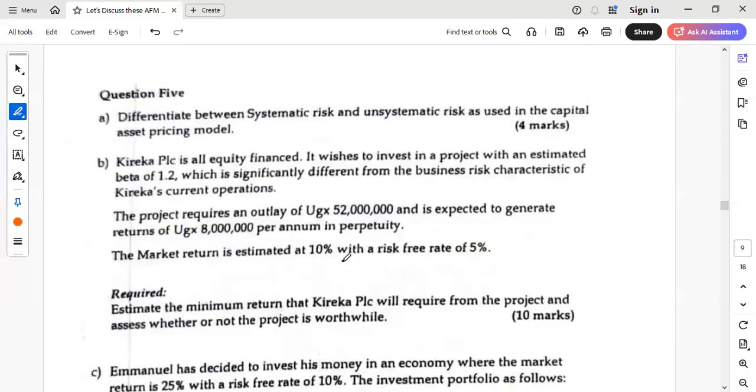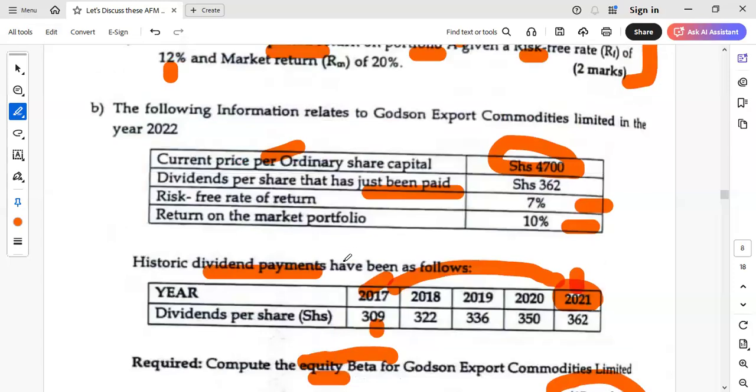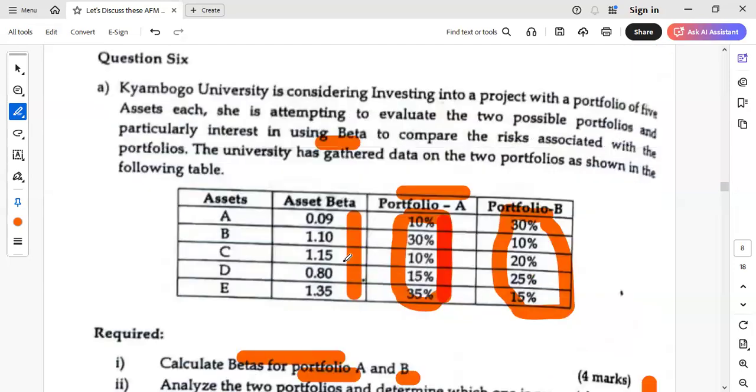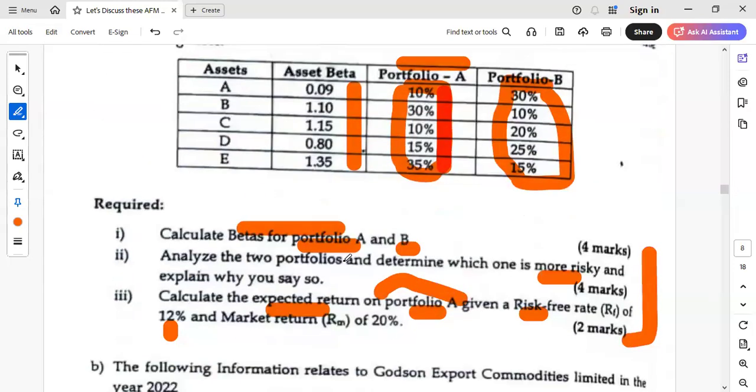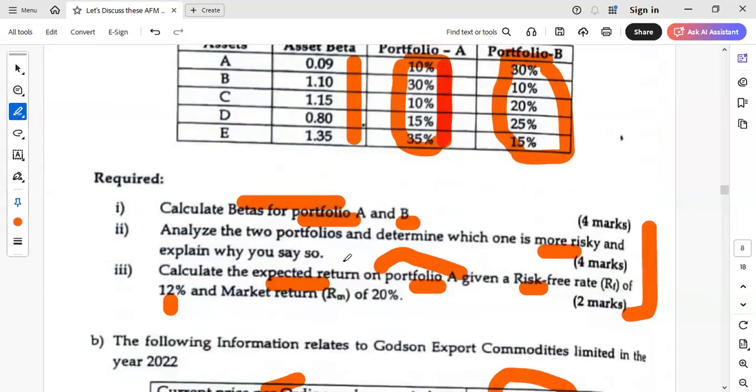Yes, on part A. The last part, on the required part, the third one. Where did you get your beta from? 1.05. Remember, you are looking at portfolio A, isn't it?